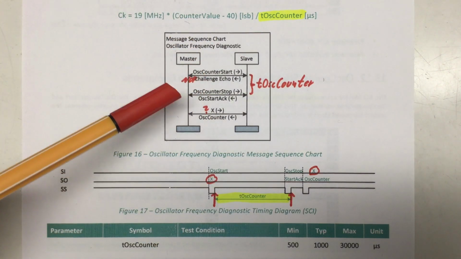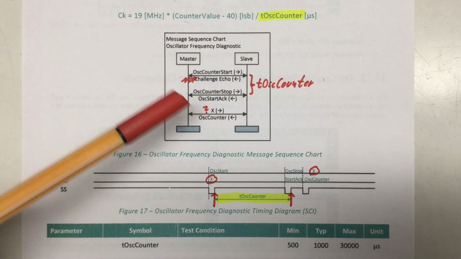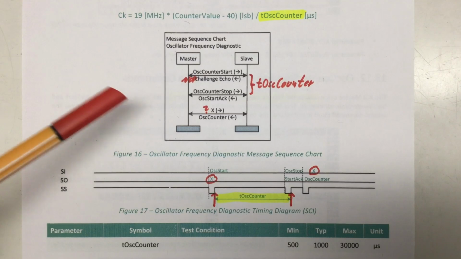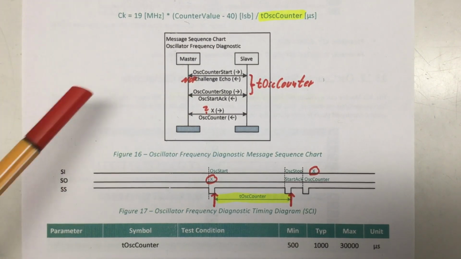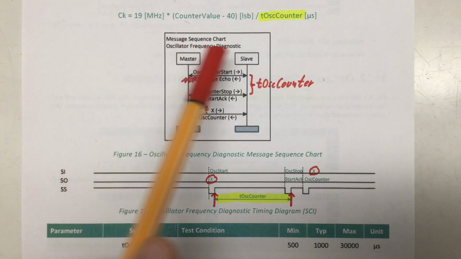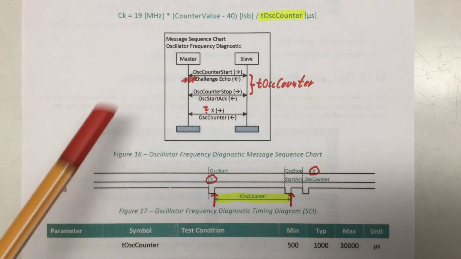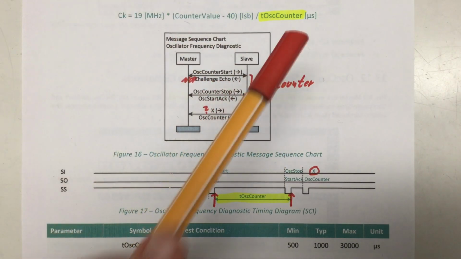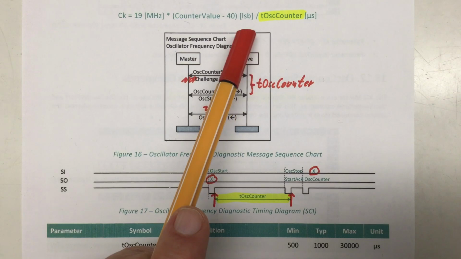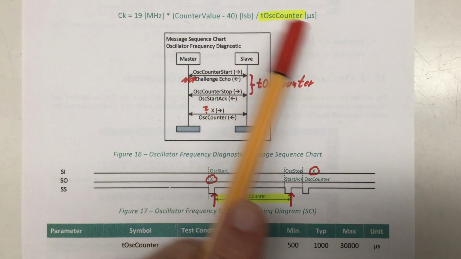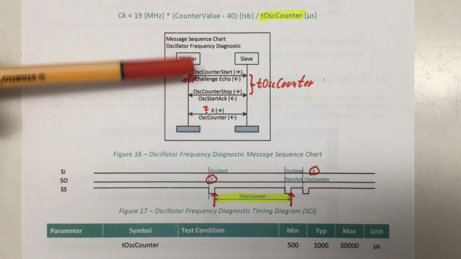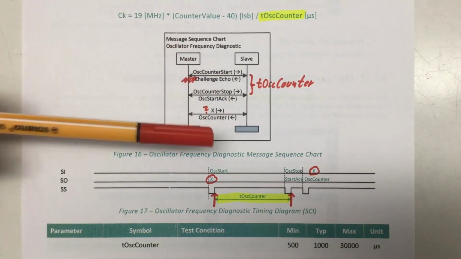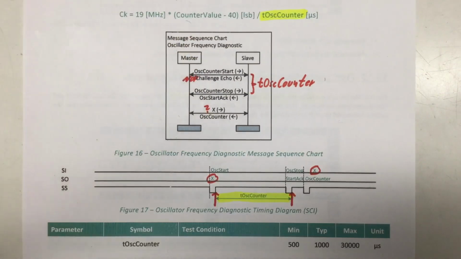For how that works in principle, see the previous video, already carded, link in the description. Anyway, to calculate the oscillator frequency, we use that formula here. And the critical part in this formula is that T oscillator counter. So the time we let the internal oscillator counter of our chip run.